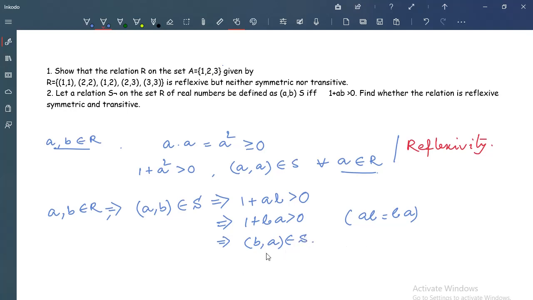So this relation is symmetric as well. S is symmetric.